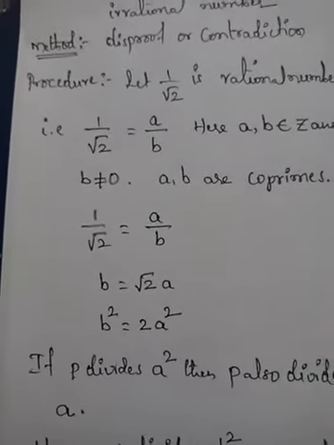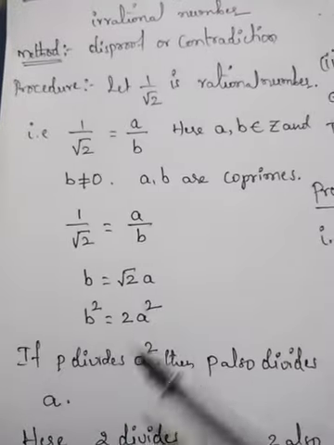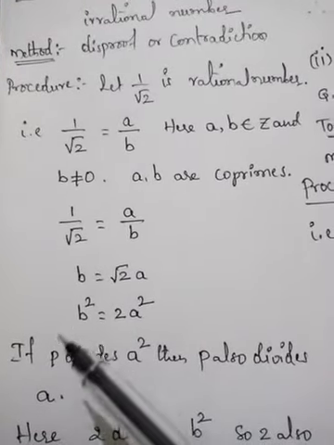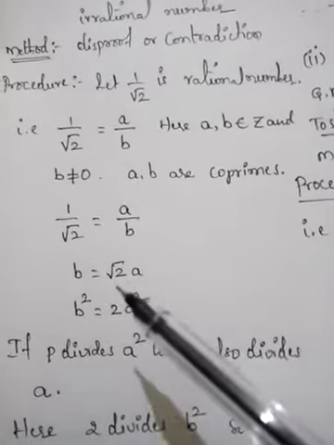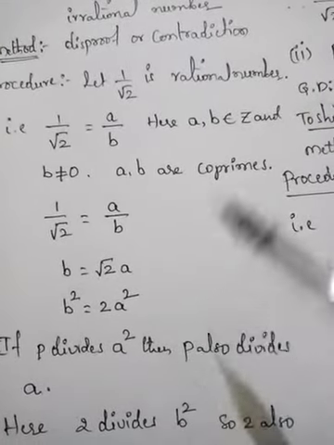Do the cross multiplication. It becomes b equals root 2 a. Taking square on both sides, it becomes b square equals root 2 a whole square, which is 2 a square, since root 2 square is 2 and a square is as it is.